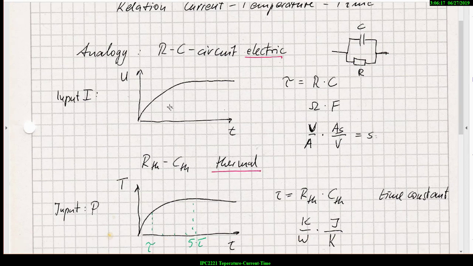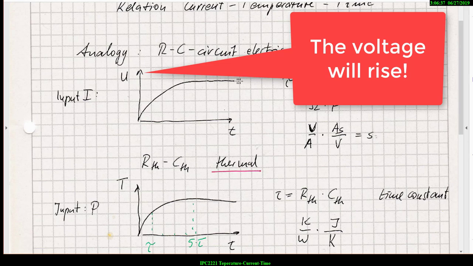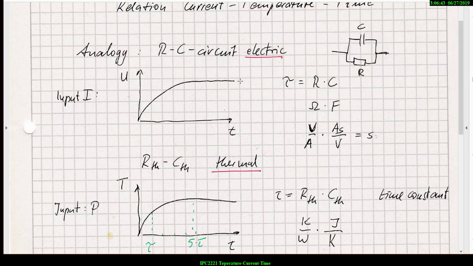If you look at the curves, curve number 1 is voltage as a function of time. If we have an RC circuit and we instantaneously switch on current at time 0, the current will increase and then come to a steady state, and the typical time needed to increase by a substantial amount is called the time constant.